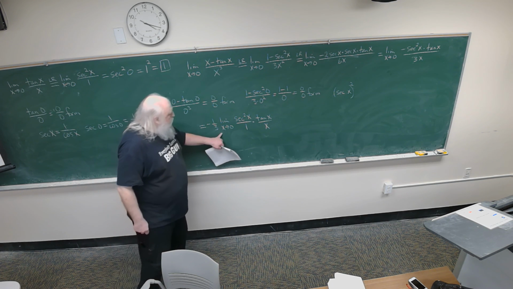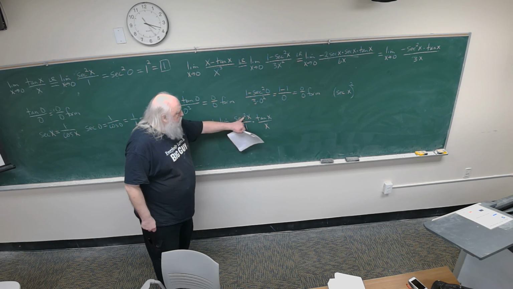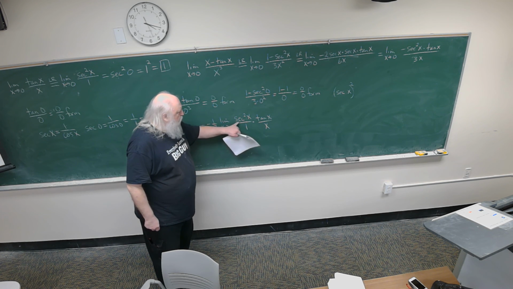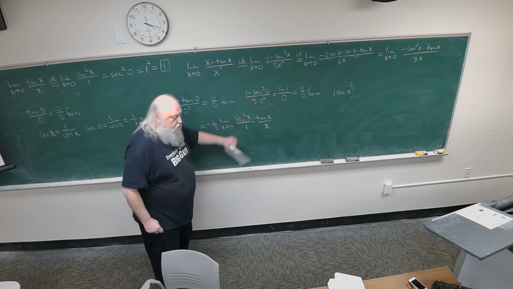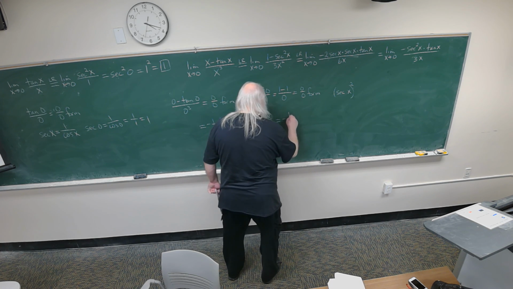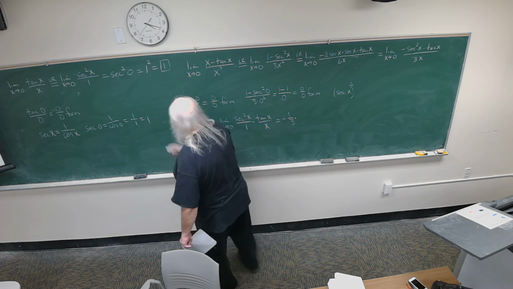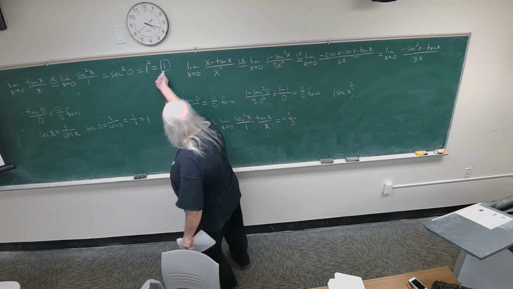Well, as x approaches 0, secant x squared over 1 approaches secant 0 squared, and secant 0 squared is equal to 1.